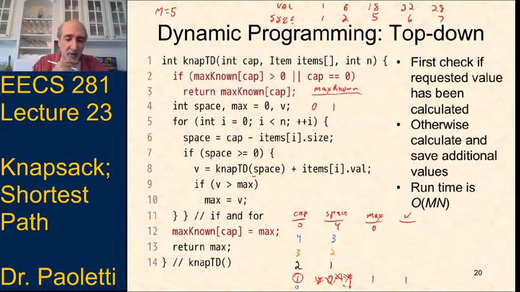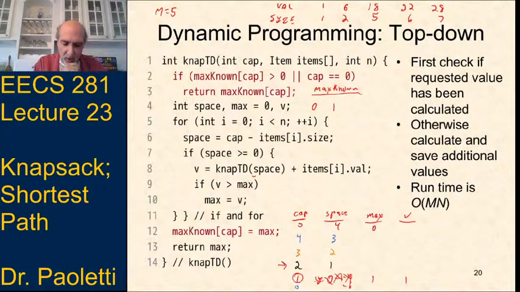Now we're going to go a little bit further with this. So now recursion unrolls. We are now back here, which I think is black. Okay, so I'm in the black line here. I tried to pick the item of size 1.